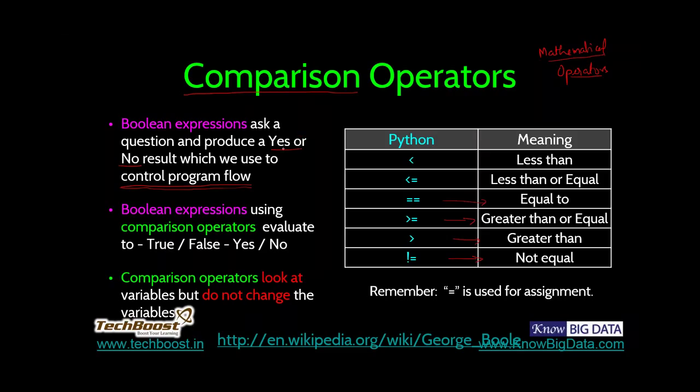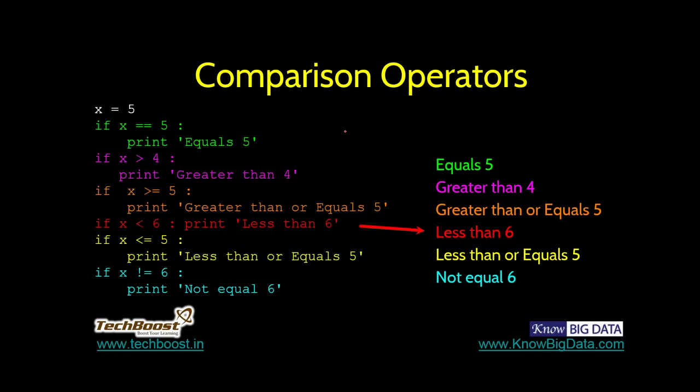Also to remember here is comparison operators do not change the variables. They do not alter our variables; rather they just compare and give us a result which evaluates to true or false. Let's see an example.